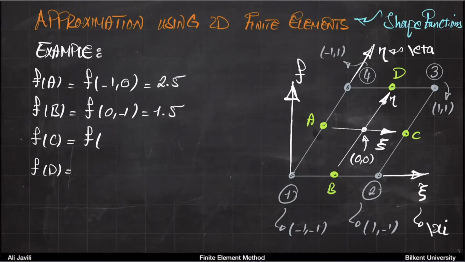And then point C, which is at 1, 0, let's say it's 0.5. And maybe point D, that is at 0, 1, that's going to be 1.5. Okay, so now you have the values at 4 points of a 2-dimensional domain.